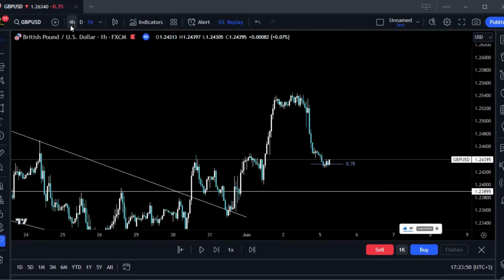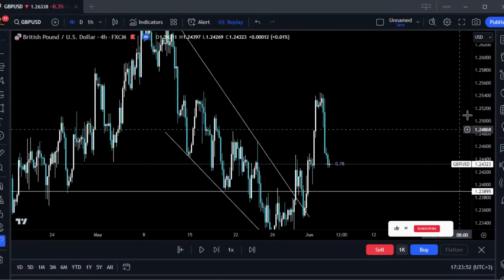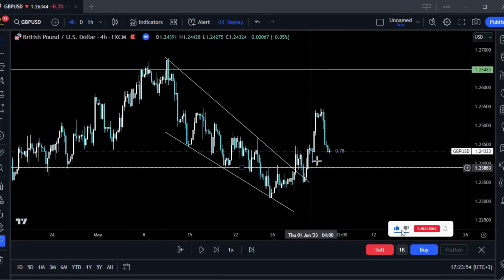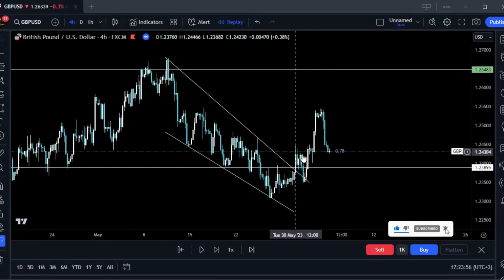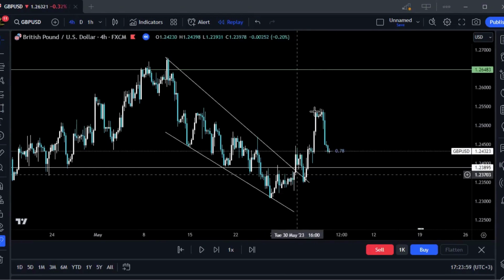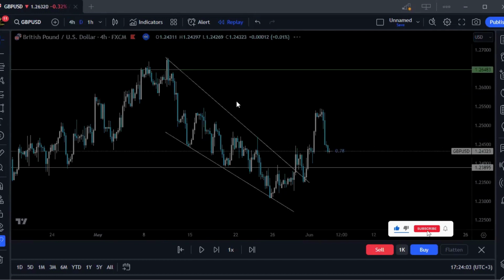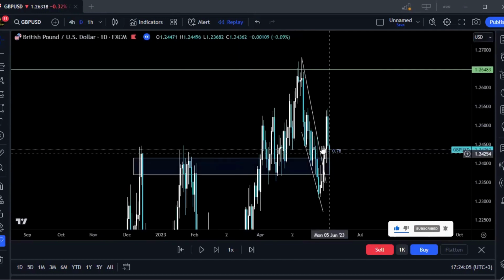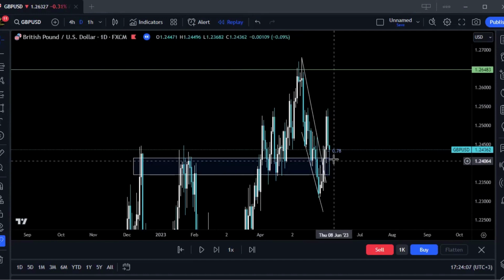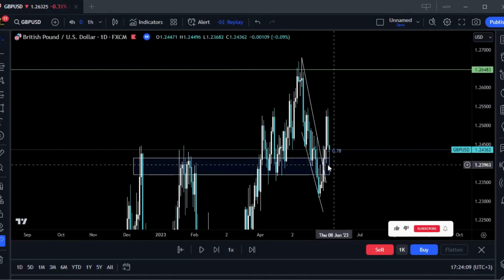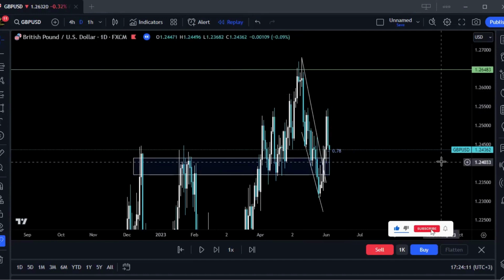Okay, so what's going on in the 4 hours? On the 4 hours, prices have retraced all the way somewhere here. Trend still clearly bullish. All right. So what about the daily? On the daily, prices reached this structure and then rejected.